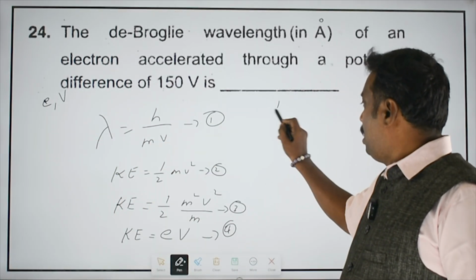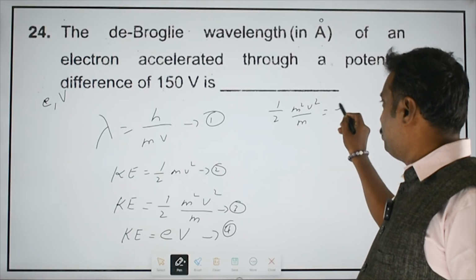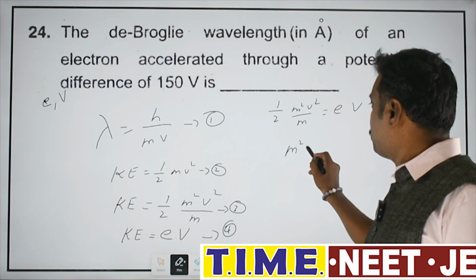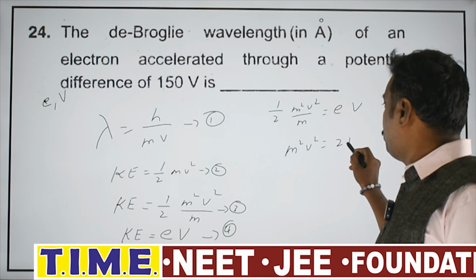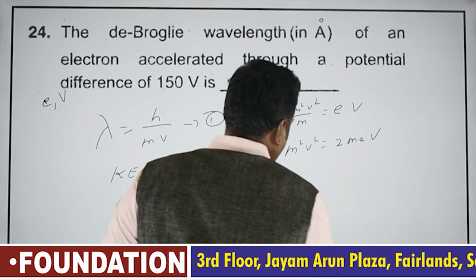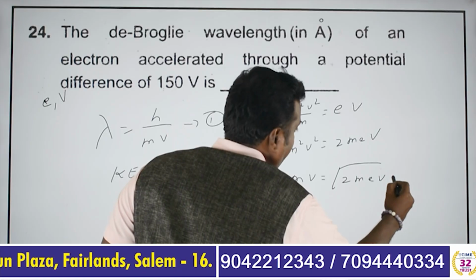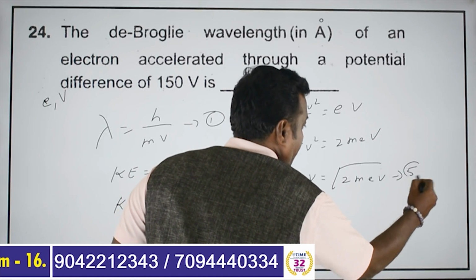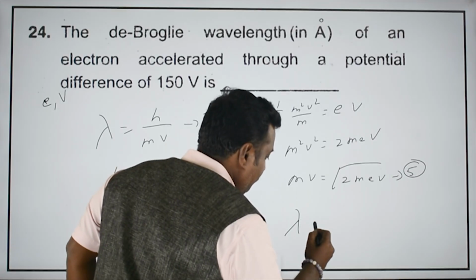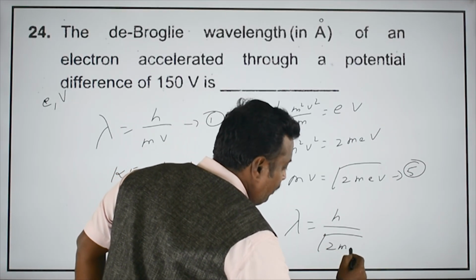Now half m square v square by m is equal to eV. Equating the third and fourth, what I get is m square v square is equal to 2m eV. So mv is root of 2m eV. This is my equation number 5. Substituting mv here, lambda is equal to h by root of 2m eV.